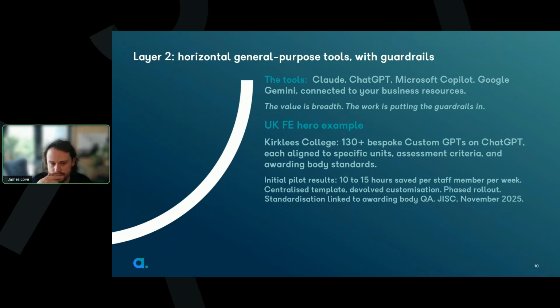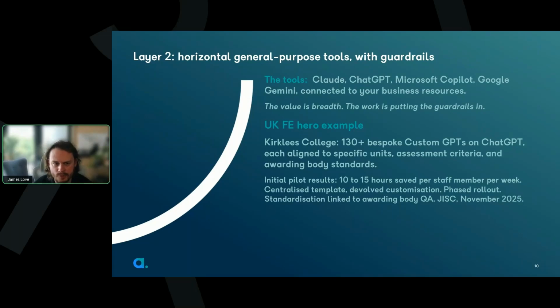They're used for cross-cutting work, drafting, synthesis, research, analysis, anything where the input or output is mostly language. There are, of course, some exceptions to that rule with image generation, particularly with the likes of ChatGPT, but largely it's where your input and output is language-based. The value here is ultimately breadth. The work is putting the guardrails in.